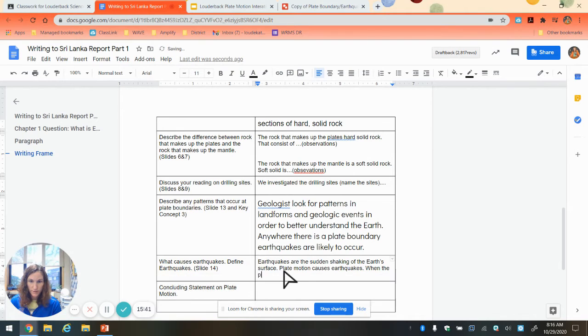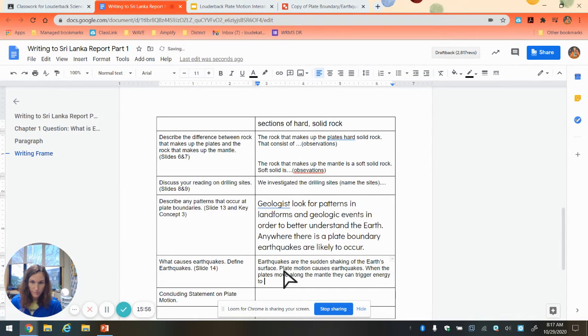When the plates move along the mantle, they can trigger energy to be released, shaking the earth.